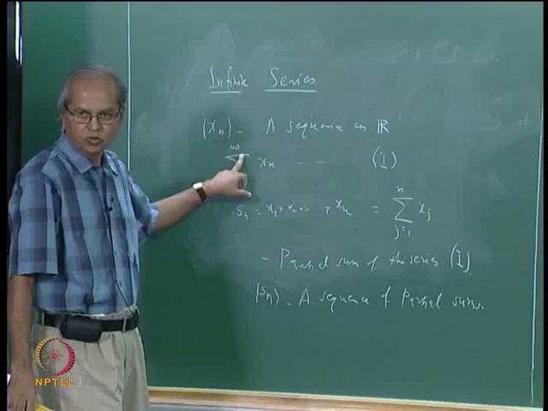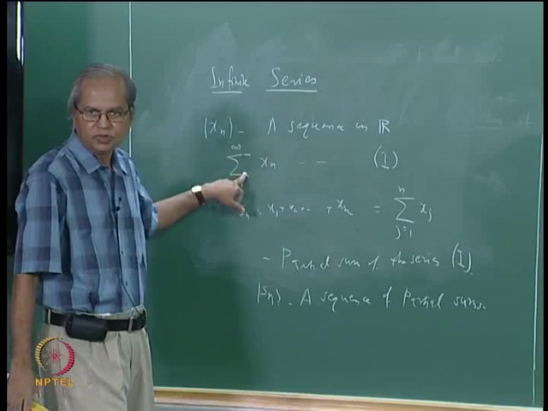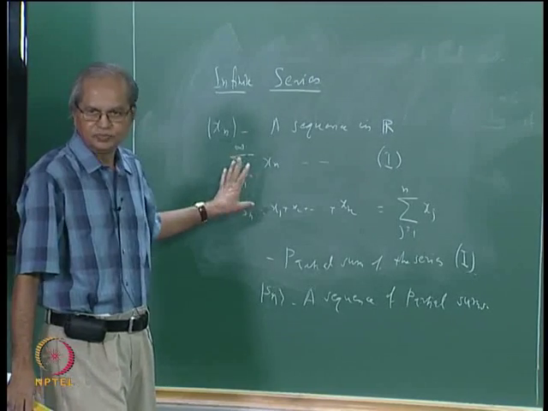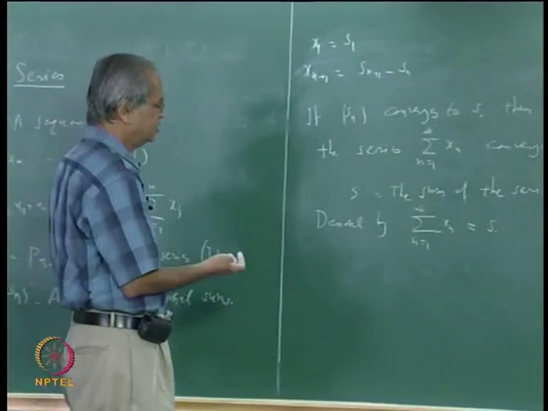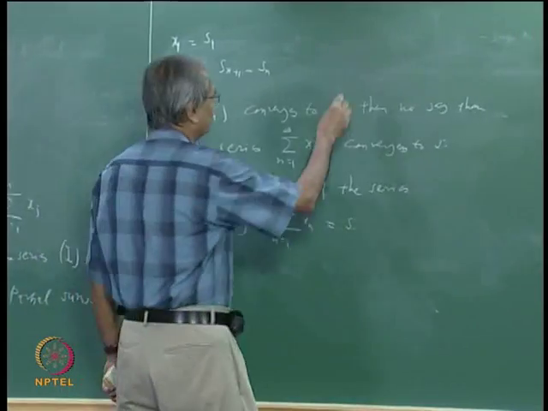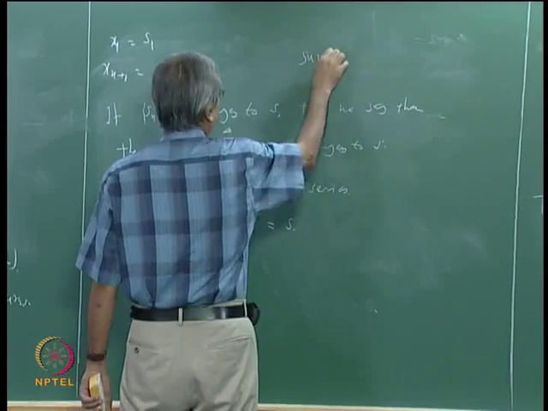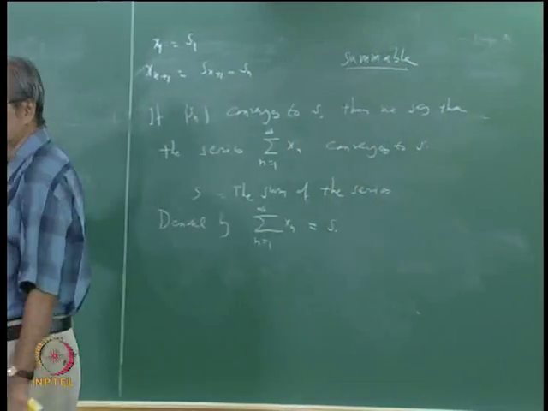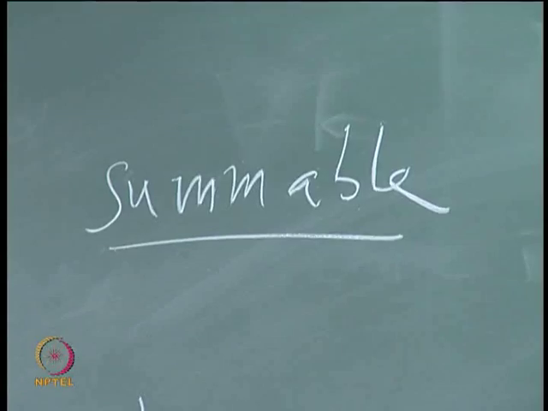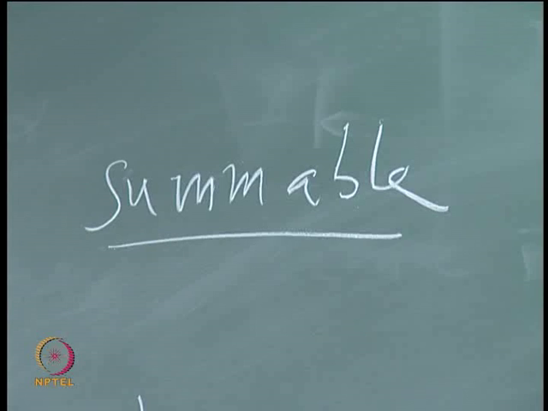Only when the series converges can we talk about its sum. Some books also like to call a convergent series a summable series. Summable is the same as convergent in the case of series. You can see the reason why: it means that the series can be summed, you can find the sum of the series. That is the meaning of summable.